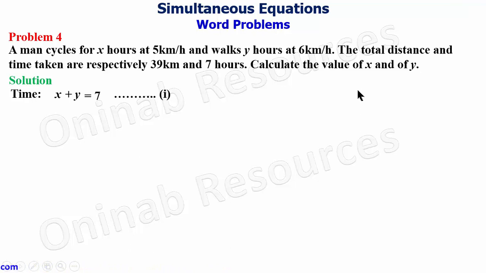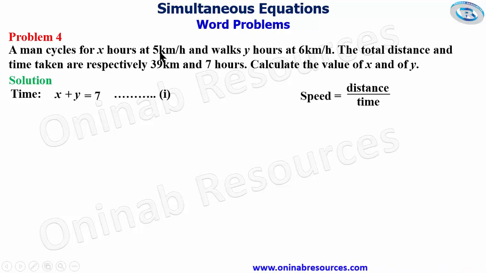From our formula, we know speed is distance over time, and this time around we are looking for distance. We know the speed for the first part of the journey, which is cycling, to be 5 kilometers per hour, and the time at that point is x hours. So to get our distance, it is going to be speed times time, which is 5 times x. So for the distance, we have 5x.